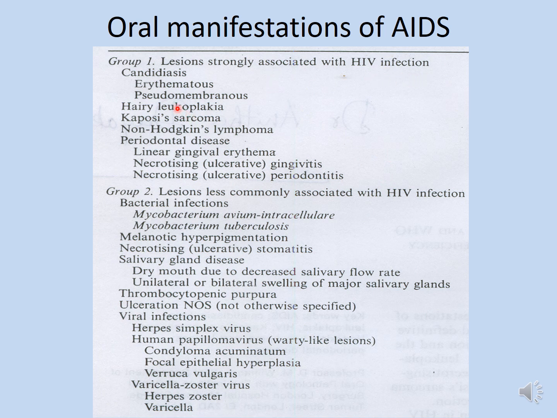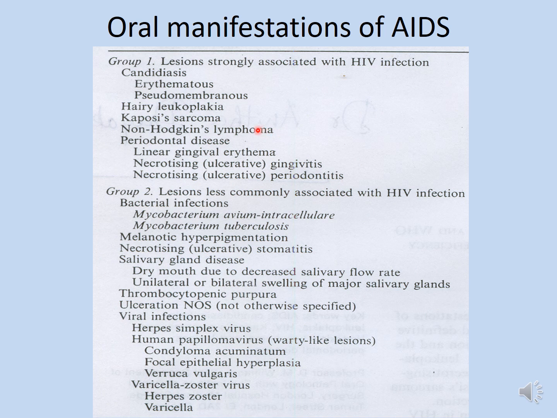All right, so what comes under Group 1 are candidiasis, mainly the erythematous and pseudomembranous types. The second is oral hairy leukoplakia, which is an infection caused by Epstein-Barr virus. Kaposi sarcoma, which is a malignant connective tissue neoplasm, again caused by a human herpes virus, and non-Hodgkin's lymphoma, which is again caused by Epstein-Barr virus.